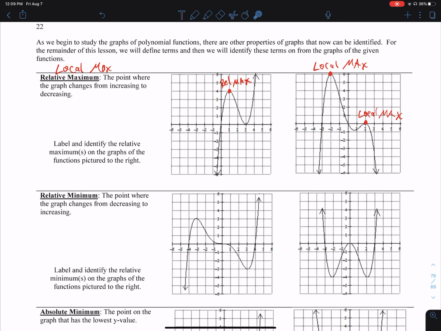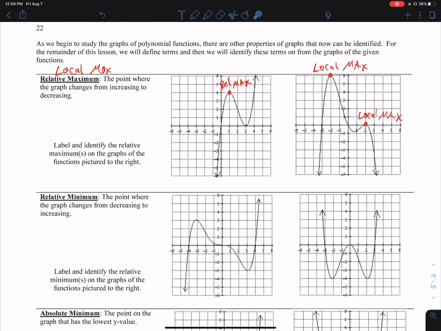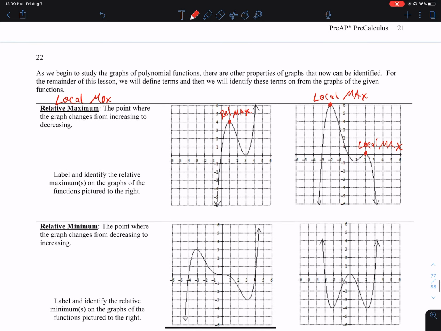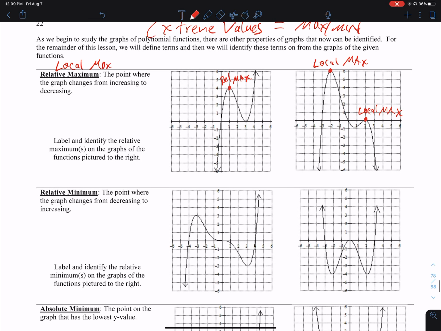I should mention that all of these relative mins and maxes and absolute mins and maxes, these are all under the umbrella of extreme values. Extreme values means maxes and mins, whether they be relative or absolute. Relative min is the point where the graph changes from decreasing to increasing.